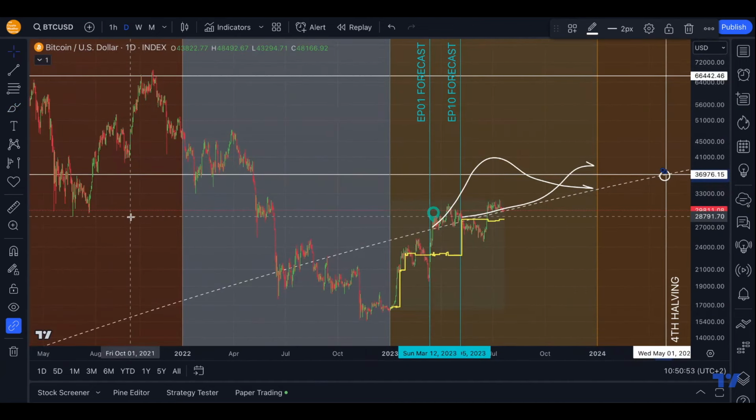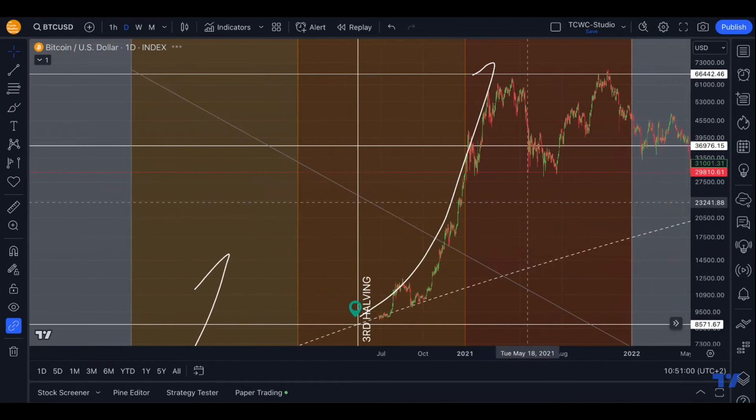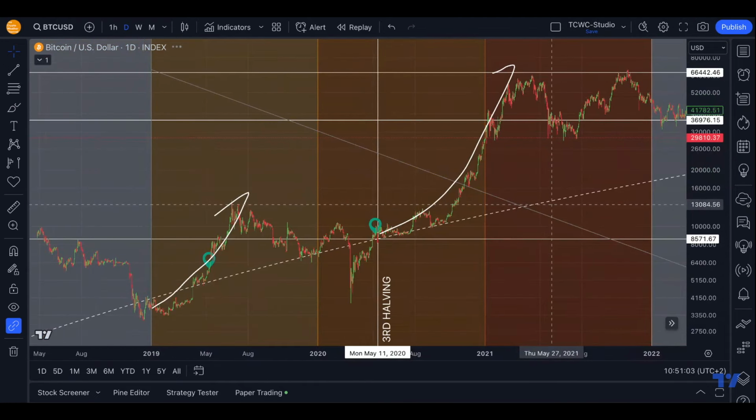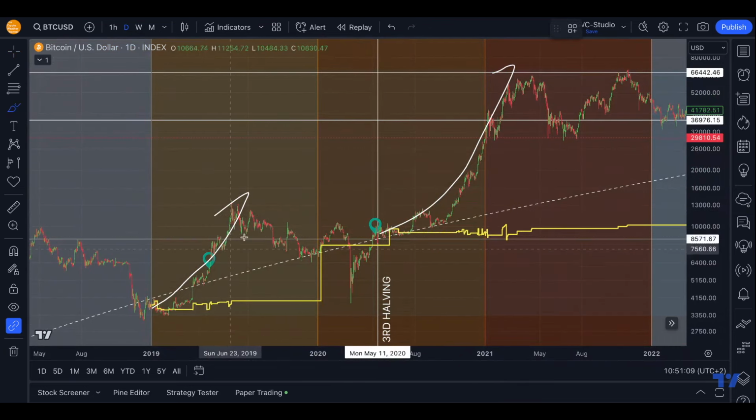Let's go back to the previous cycle here. All right, as you can see there, way early in this cycle here, up above the future halving price before the halving.